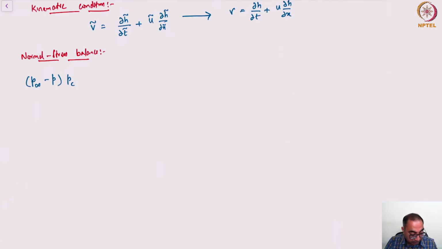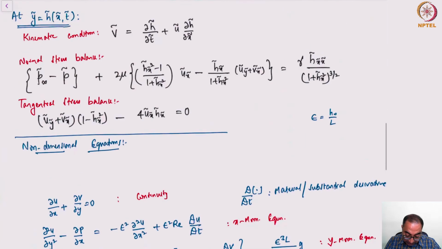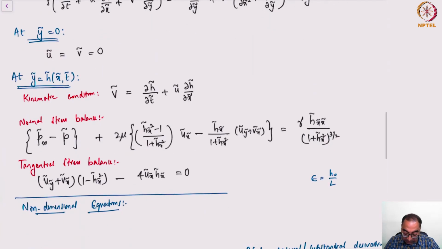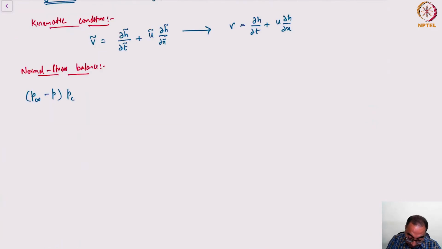And then we have these viscous terms here. The viscous terms, essentially, if you see here, you have a lot of hx derivatives in this term. So let's write that down. Plus 2 mu. So first we have hx square minus 1, that becomes epsilon square hx square minus 1, over 1 plus epsilon square hx square, times ux.